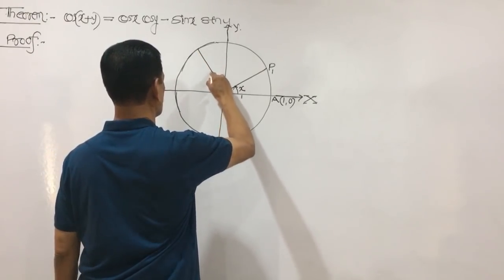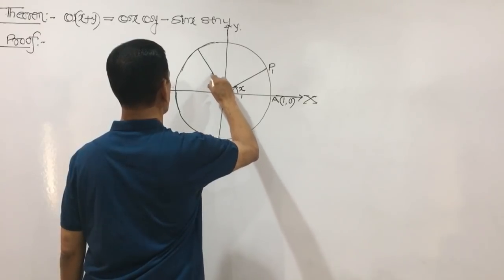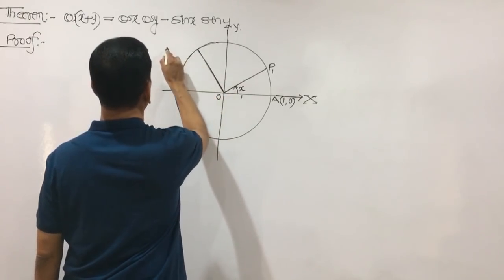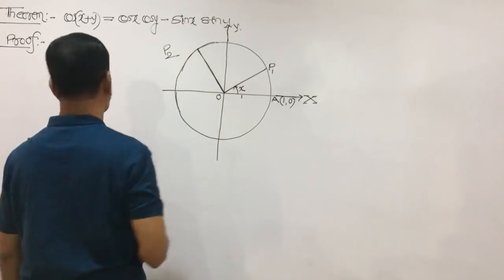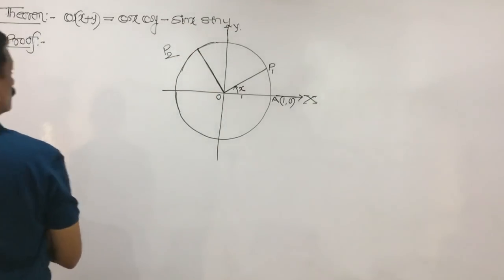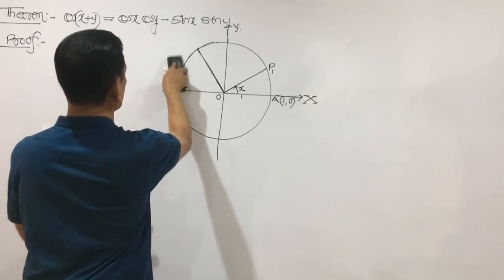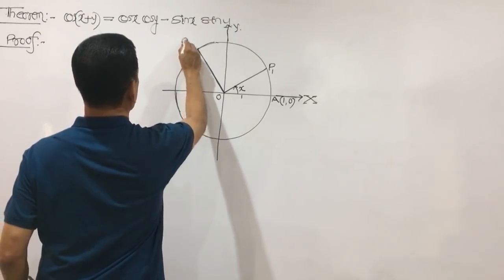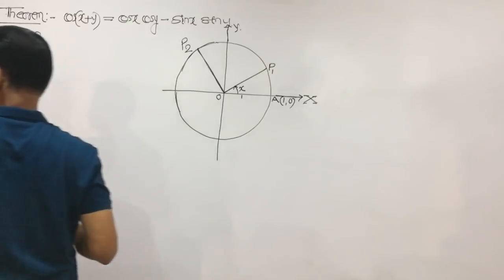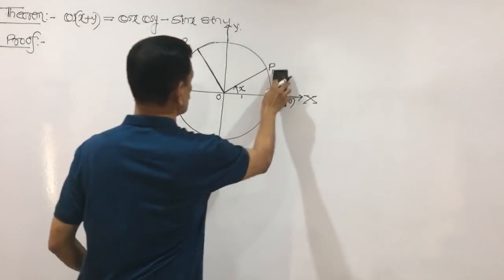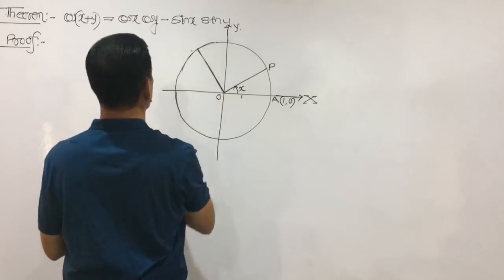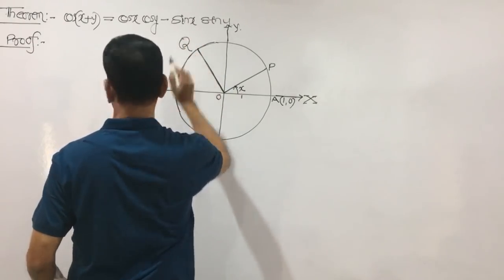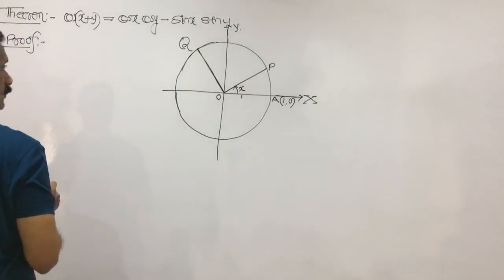Now I take, my dear friends, another point. This point I take as P2. Let us write this point P2 here. Or we shall take this as P, and this I take as Q. I take this point as Q. Okay, no confusion.